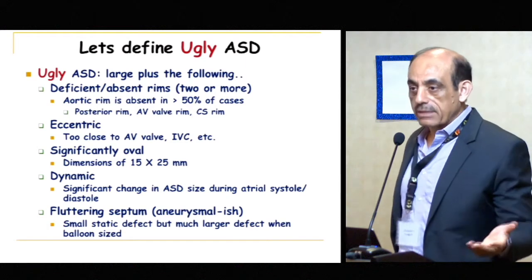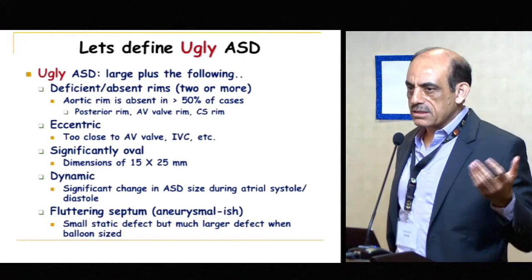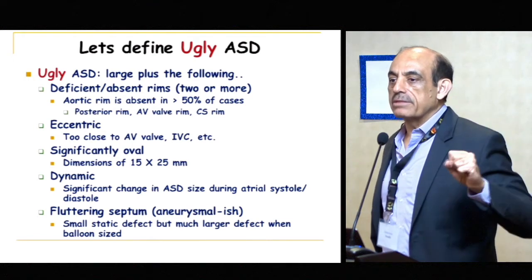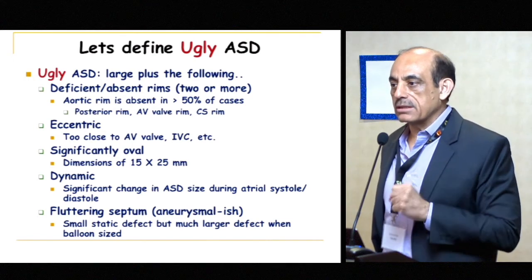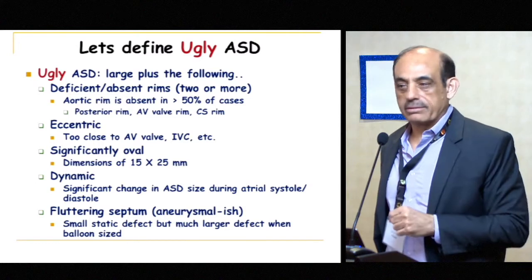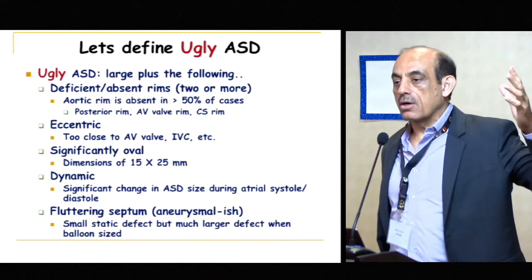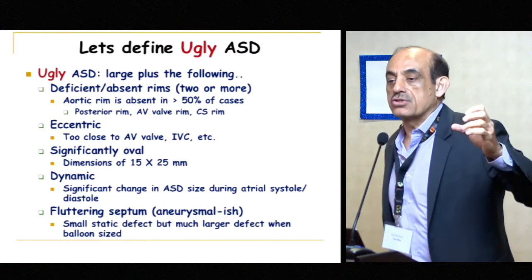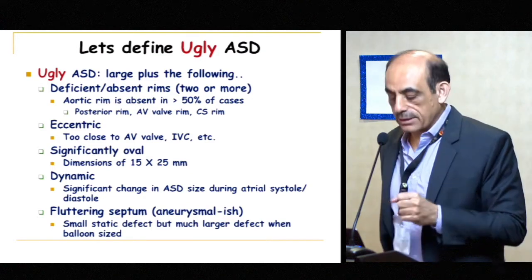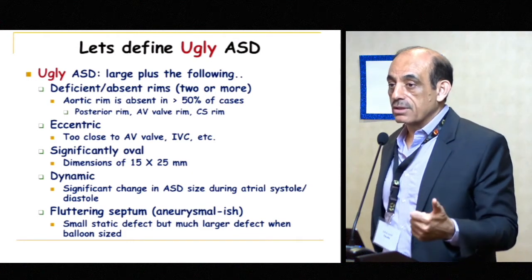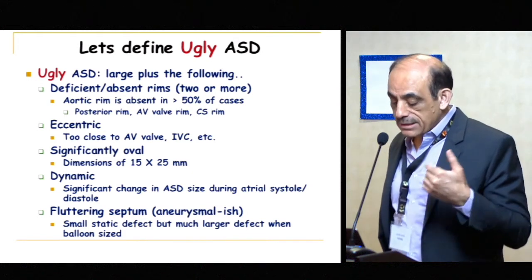If it's a dynamic ASD, which you will see sometimes in the pediatric population, the ASD may measure 7 or 8 millimeters, and during atrial diastole suddenly it's 18 or 20 millimeters in diameter. So literally the septum expands or the ASD expands and shrinks with every atrial systole. So that's a difficult ASD to measure properly. For me, that's an ugly ASD.